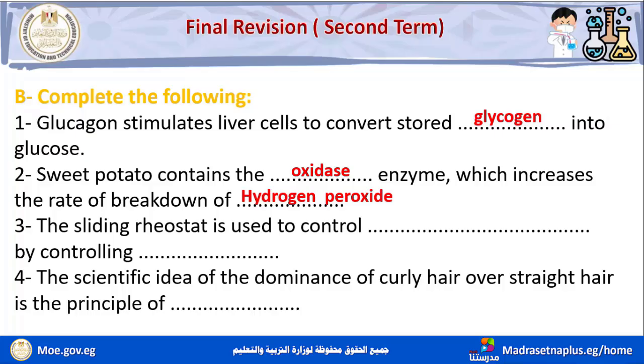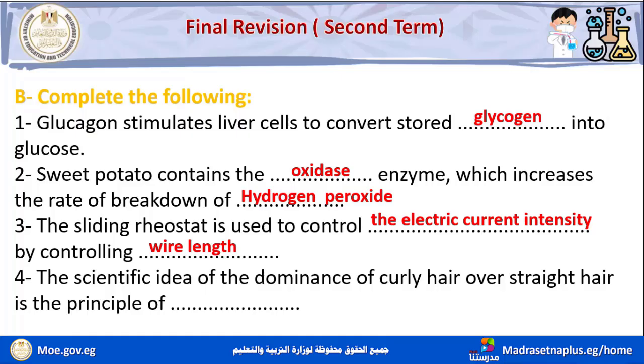Number 3, the sliding rheostat is used to control the electric current intensity and the potential difference by controlling wire length.